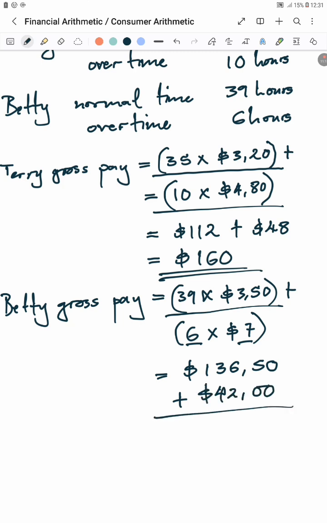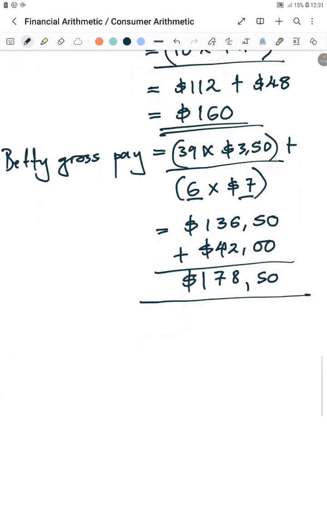If we add, this is 0, this is 8, this is 7, and this is 1. So which means the gross pay for Betty will be equal to $178.50.